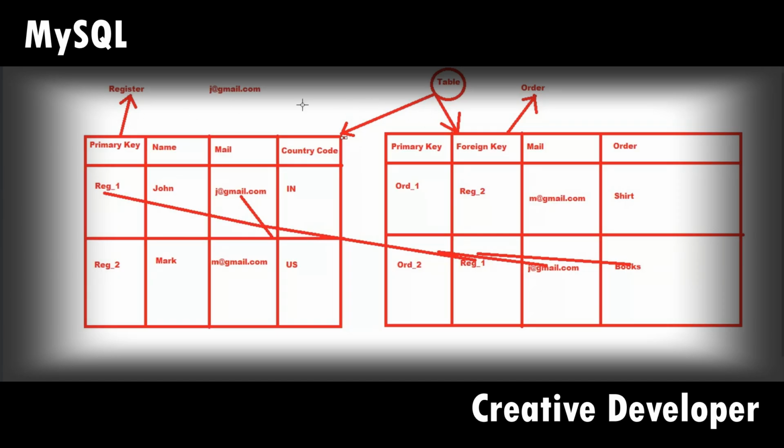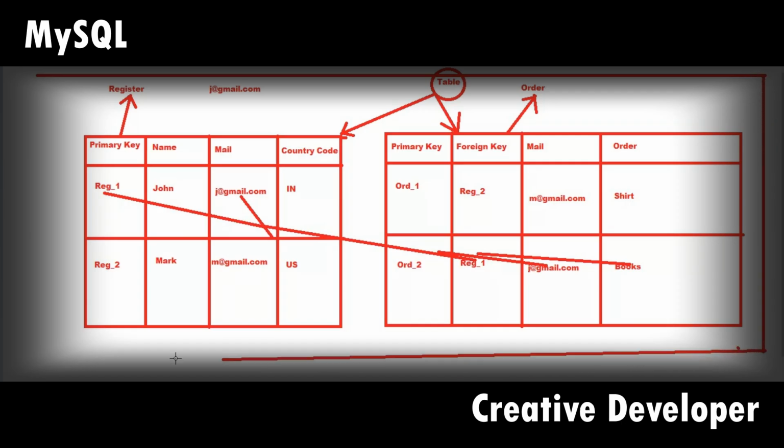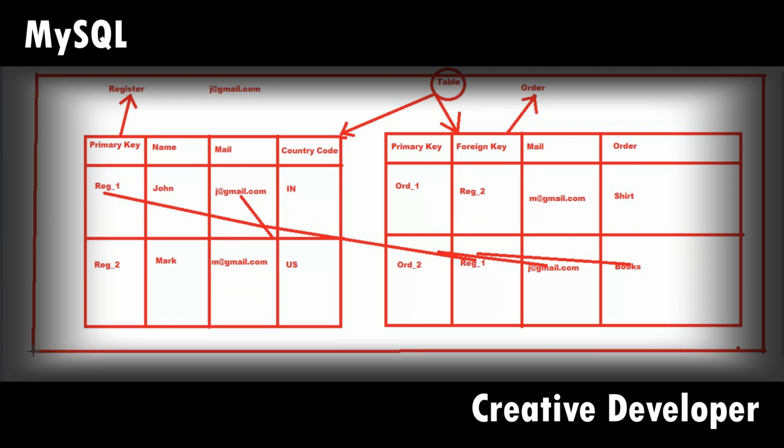This is called a database; each table we store into a database. This is the table. Suppose this website only has two tables. These two tables will be stored in one database. So this is the database.